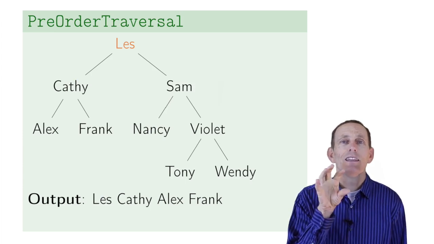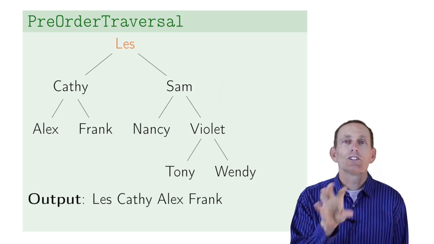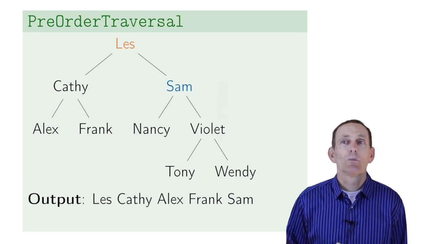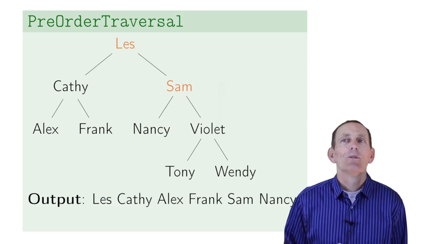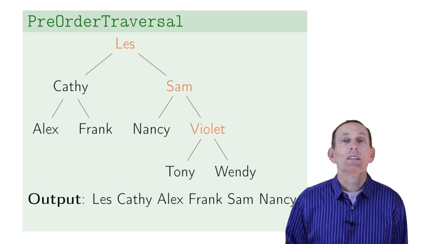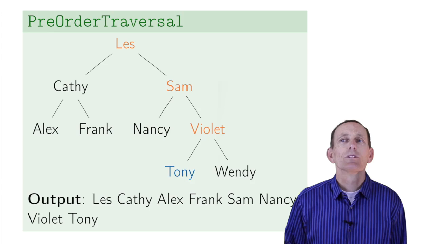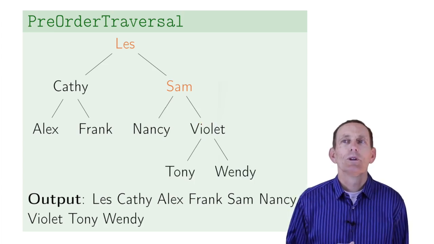We've already visited or traversed Les's left child. Now we need to traverse Les's right child. So that'll be Sam, which we'll print out, and then we'll go to Nancy, which we'll print out. We'll go back up to Sam and then to Violet, and we will print Violet, and then print Violet's children, which will be Tony and Wendy, and then return back up the tree.